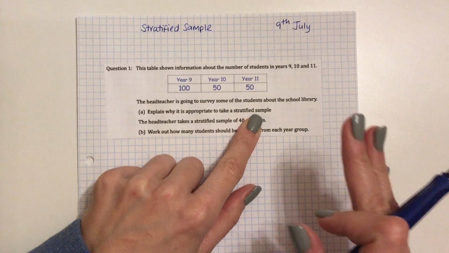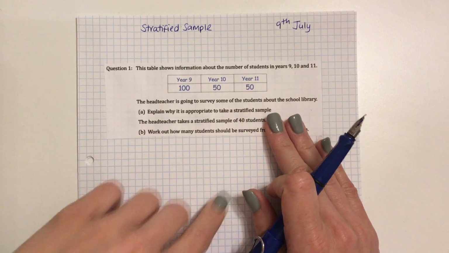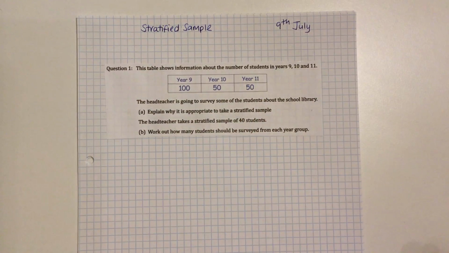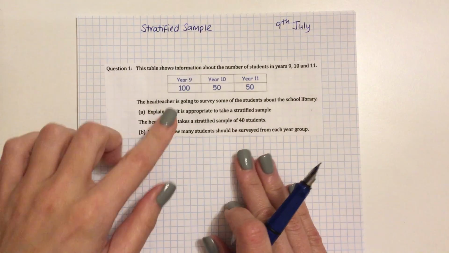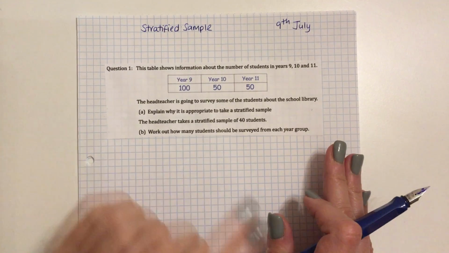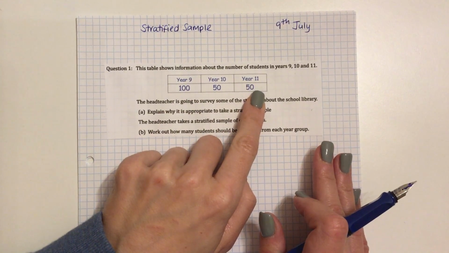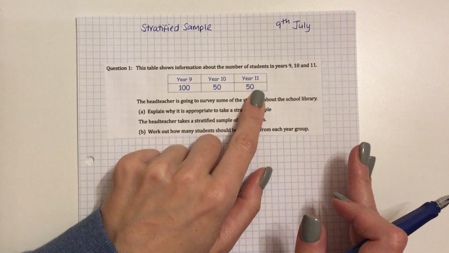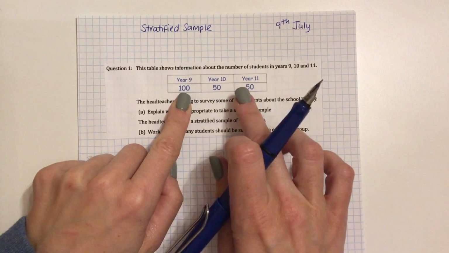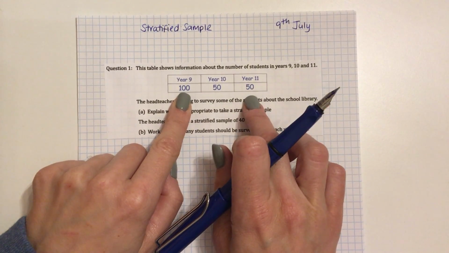So the reason that you have to take a stratified sample is that if you had the same number of pupils in each year group, you would say, well, if I want 30 students, I take 10 from each year group. But with this number in each year group, that wouldn't be right. You would need more from year 9 and less in year 10, but then the same amount in year 11.